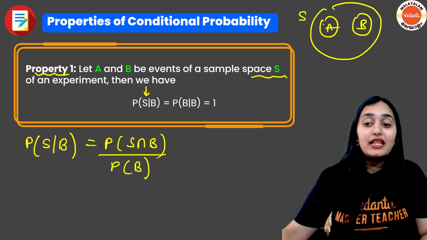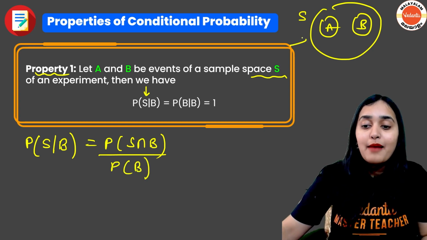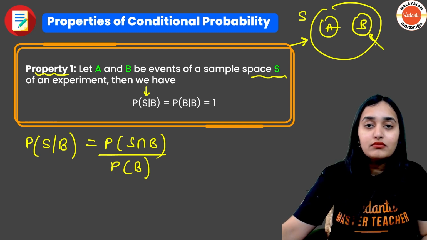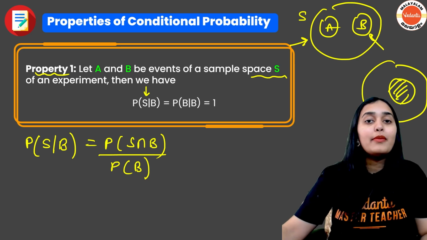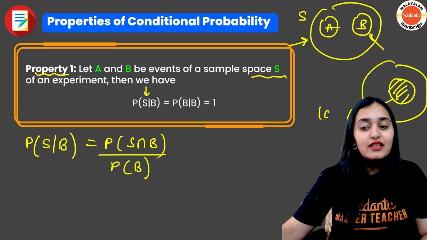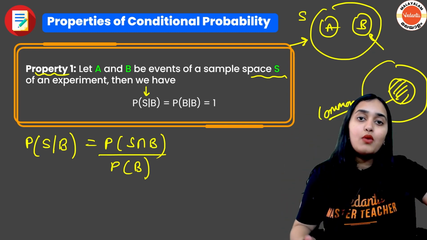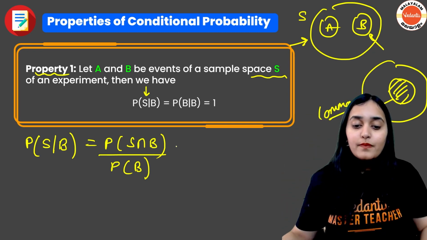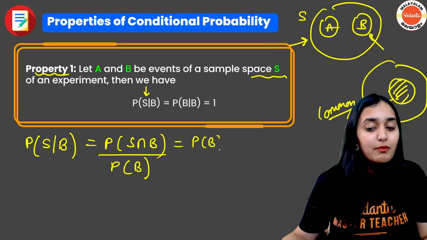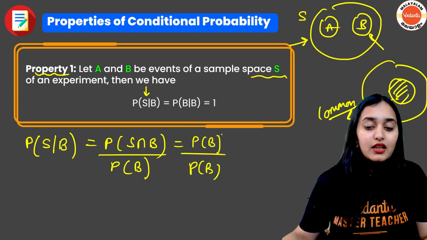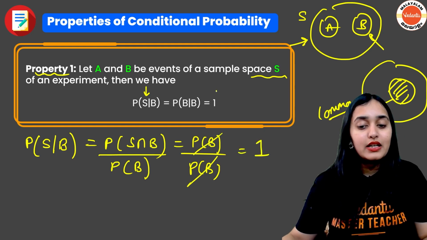Now you tell me what is common between the sample space and event B? There is an outer circle, there is an inner circle. What is common between them? This inner circle is common between the outer circle and the inner circle. So, probability of S intersection B will be nothing but probability of B upon probability of B. Cancel, we get 1. So, it is always 1.